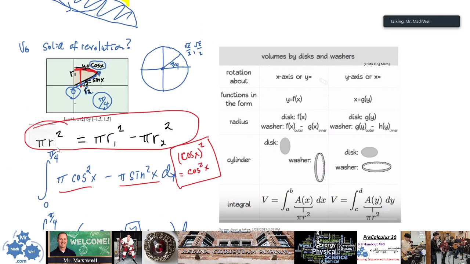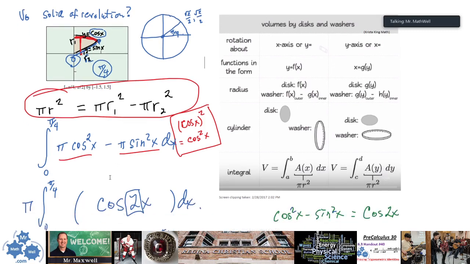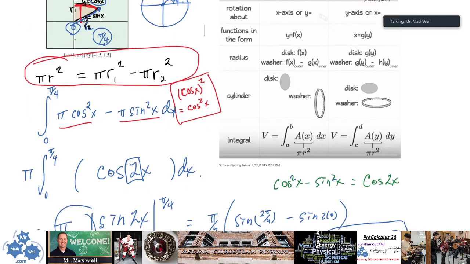The disk method becomes the difference between two solid disks, which is what we've really been fleshing out in this last lesson. So pi r1 squared minus pi r2 squared. The r's are the functions. The far function minus the near function. They're both squared. And we've factored this pi out in front of the integral. So this is another look at it. This is sort of another lesson that I did before.